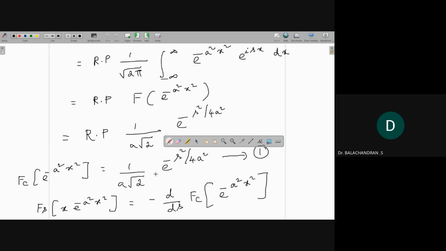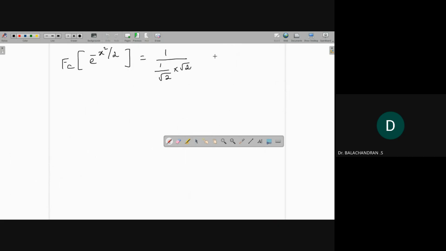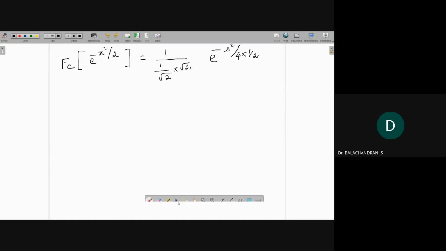And then you have e power minus s square by 4a square. A square is 1 by 2. So root 2 and root 2 get cancelled. You get e power minus s square by 2.